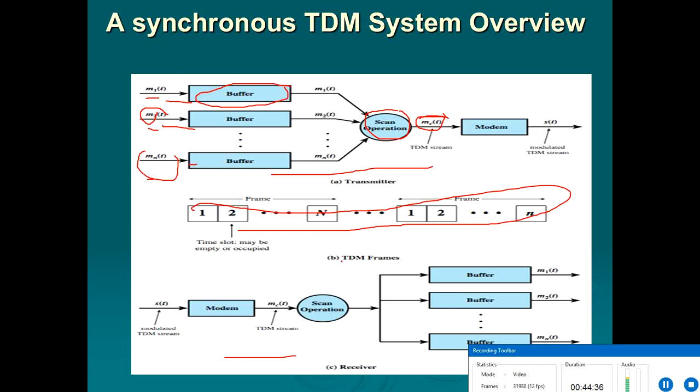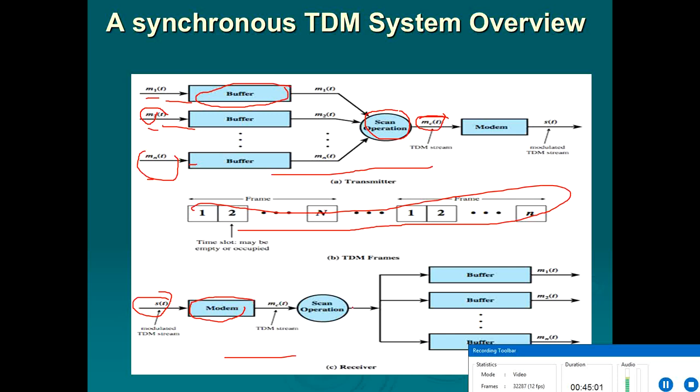Now what happens at the receiver end? At the receiver end, this modulated time division multiplexed stream is received. It is demultiplexed and routed to the appropriate destination buffer. For each input source, there is an identical output destination that will receive the output data at the same rate.